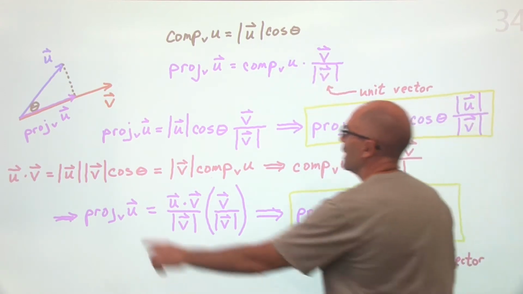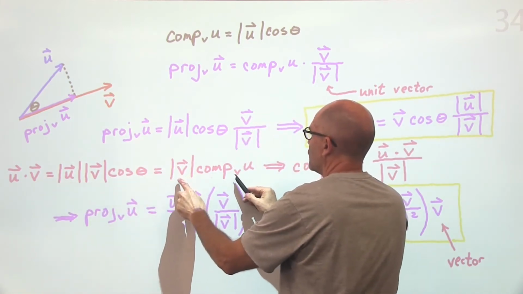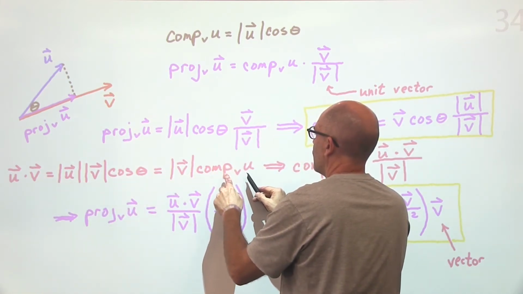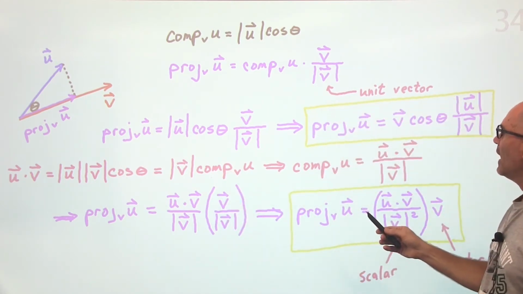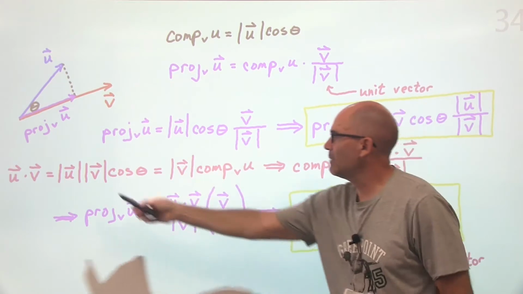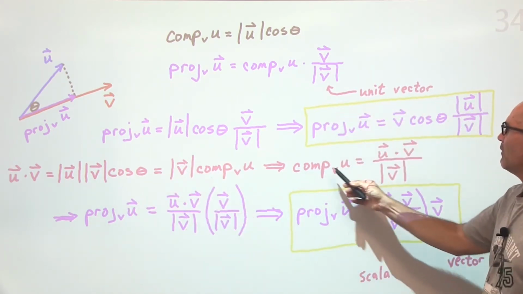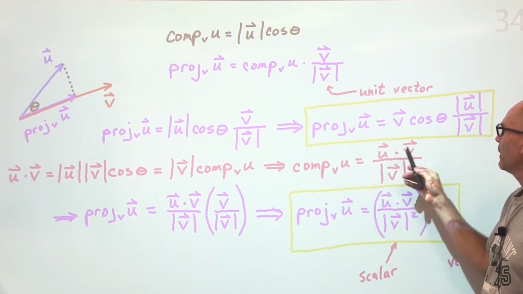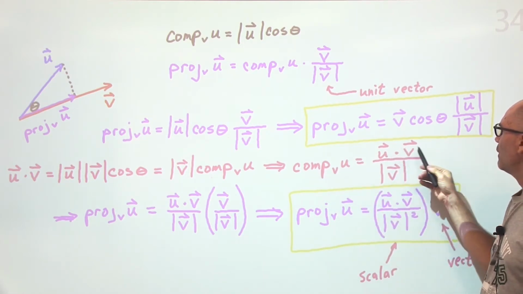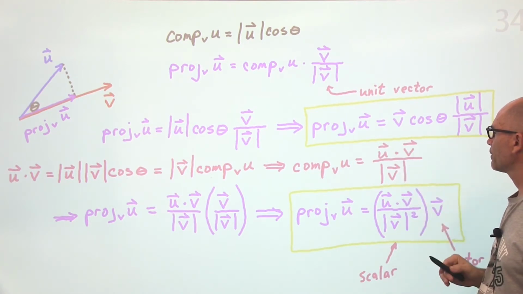So basically, u dot v is just going to be the magnitude of v times the component of u along v. And so what I can do is divide both sides by the magnitude of vector v, and what I have is the component of u along v is u dot v divided by the magnitude of v.